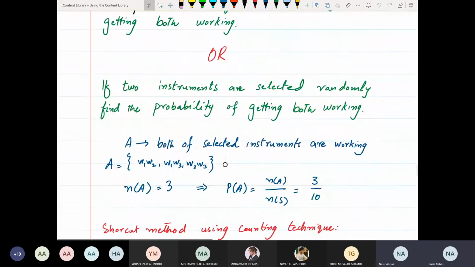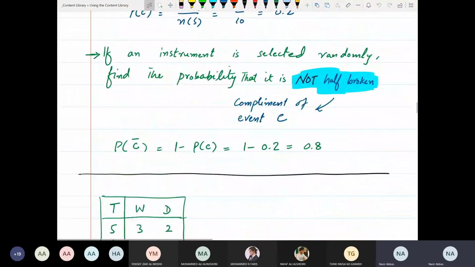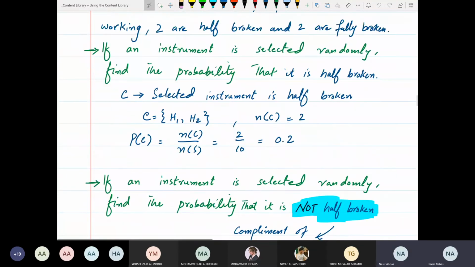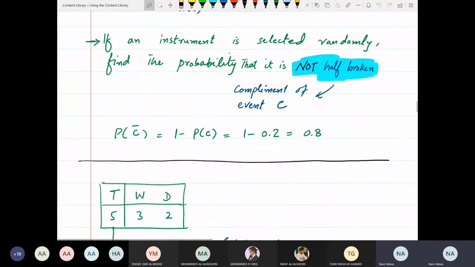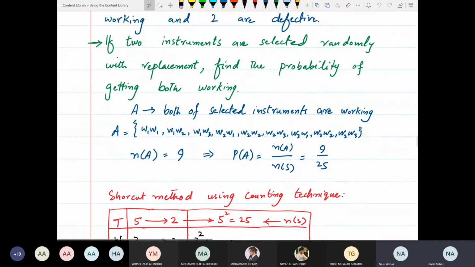Some of the examples are what? In single selection, you said find the probability that the instrument is not half broken. You are interested in C complement here. The instrument was half broken, you are interested in C directly. In this example 4, you said if two instruments are selected with replacement, find the probability both are working.